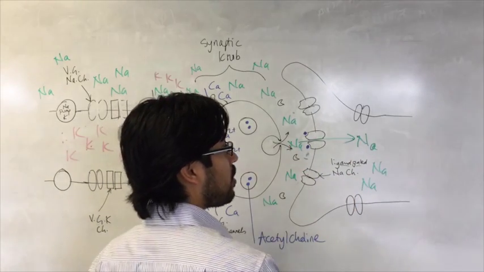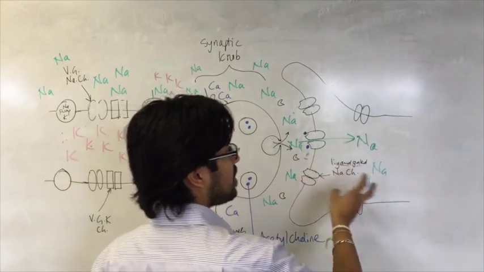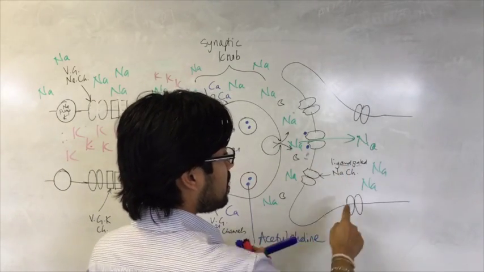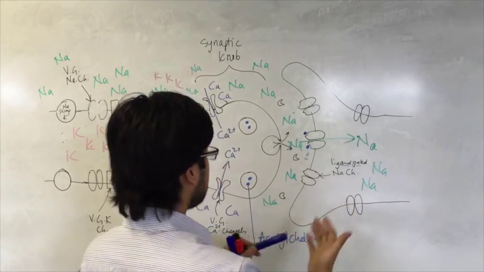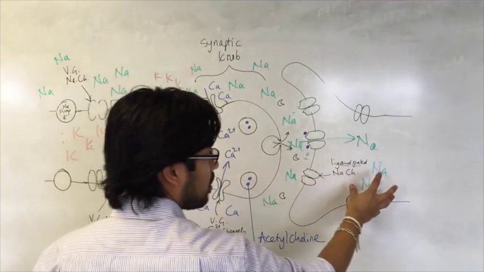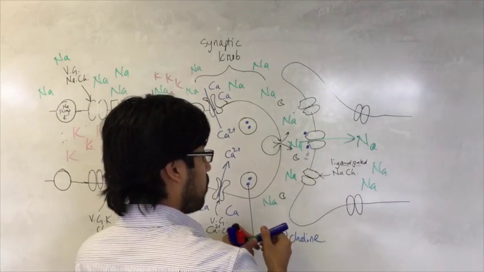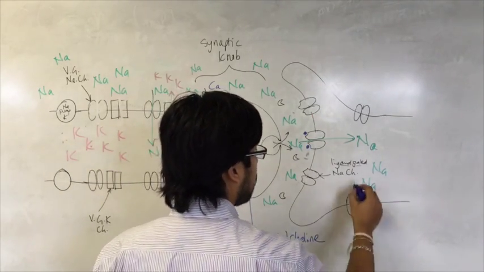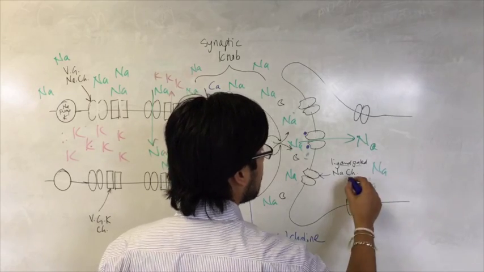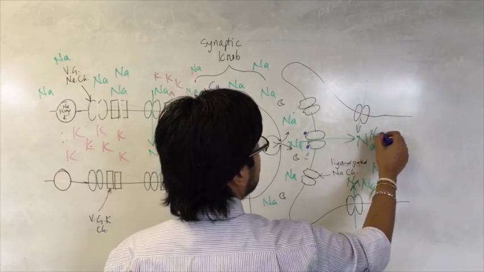And if that depolarization is large enough, it will cause these voltage-gated sodium channels, the same as these, but here at the start of the next neuron, to open and cause even more of an influx of sodium into the cell.